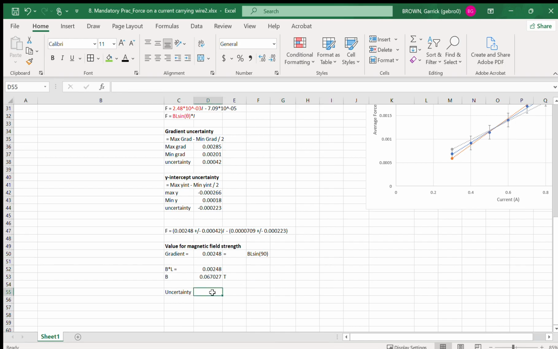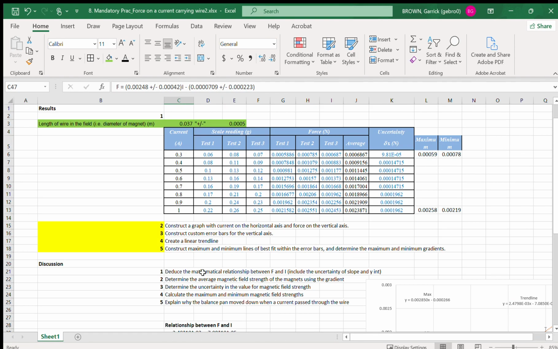We can determine how much uncertainty is within the experiment by taking our gradient uncertainty and looking at our uncertainty of our measuring tool for the length of the wire, which was the smallest increment divided by 2. And in this case, a meter ruler, well, like a 30 centimeter ruler was used, and it had 1 millimeter as the smallest increment, and therefore half a millimeter is going to be the uncertainty.